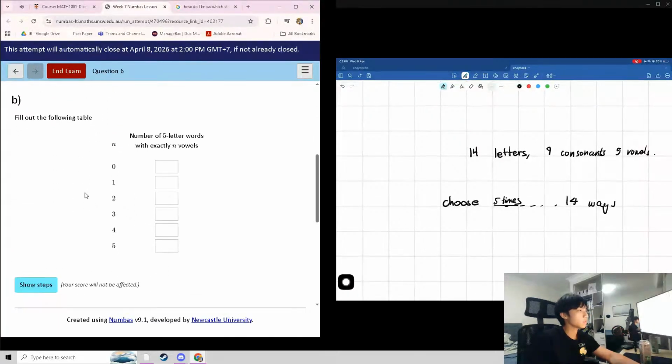Fill out the following table. Number of 5-letter words with exactly n vowels.